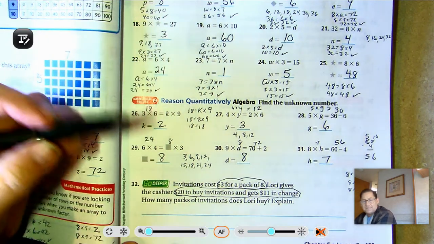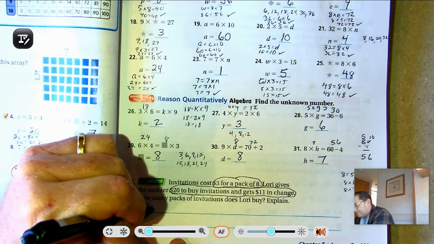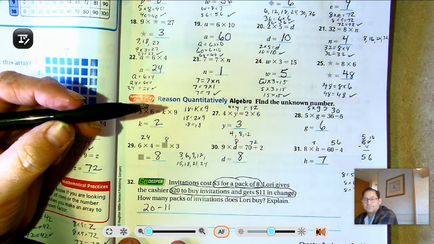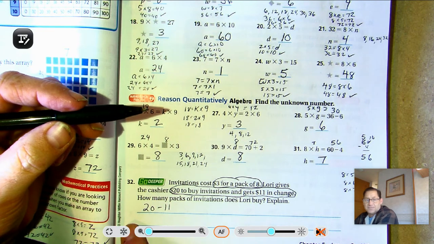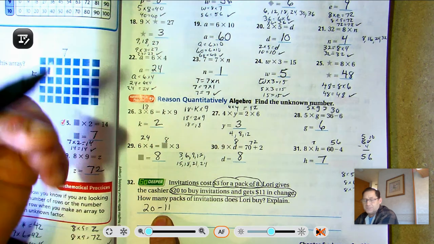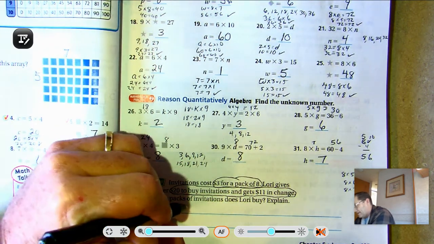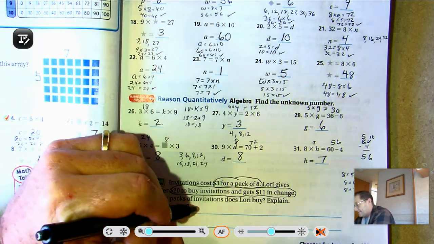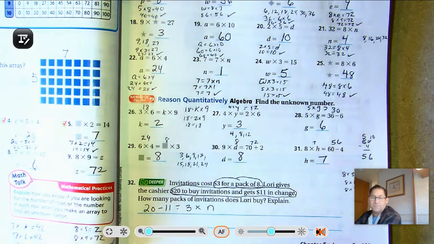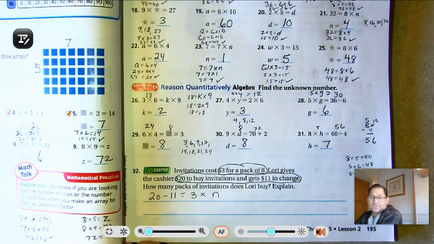So basically we're saying 20 minus 11. She gave the cashier $20. She got $11 back. That'll tell me how much she spent. And then I can go 3 times some number equals that.